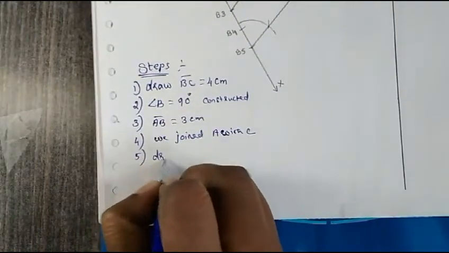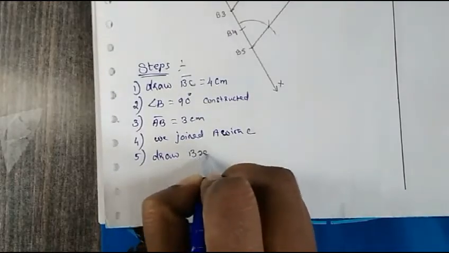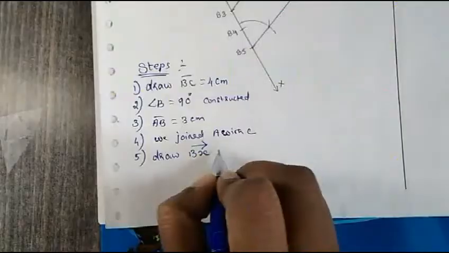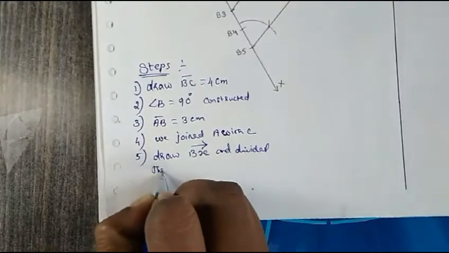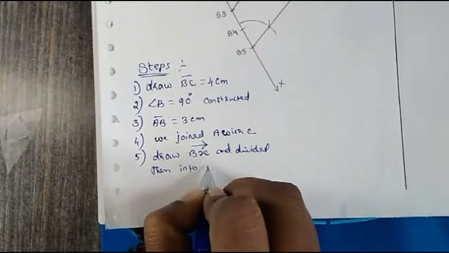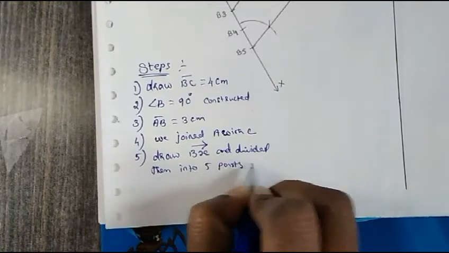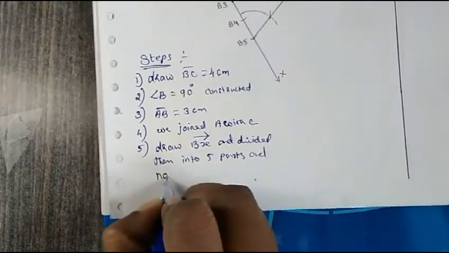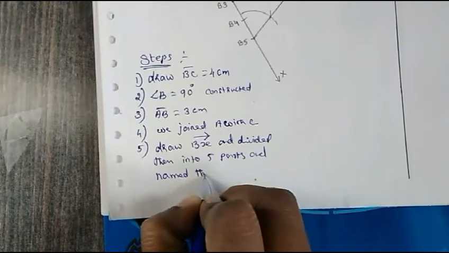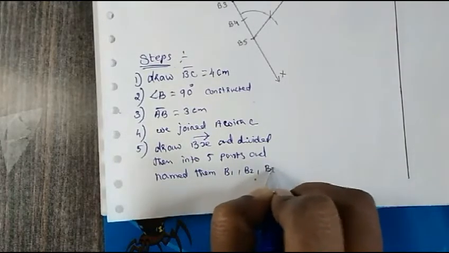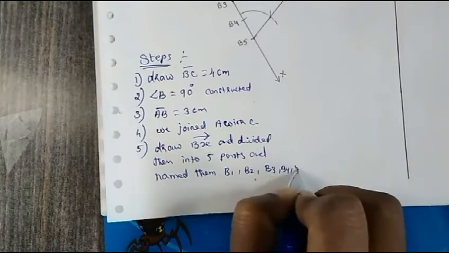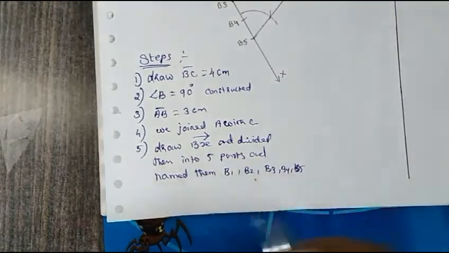Then we drew a B X-ray and divided it into 5 parts and named them B1, B2, B3, B4 and B5.